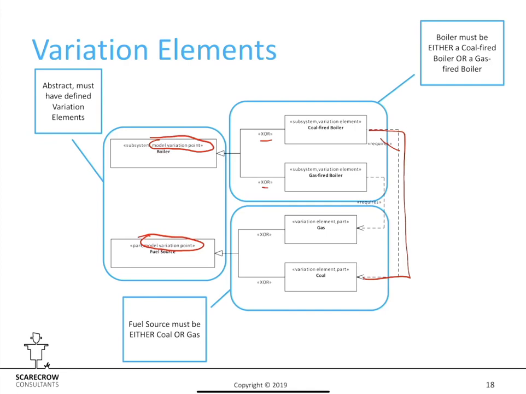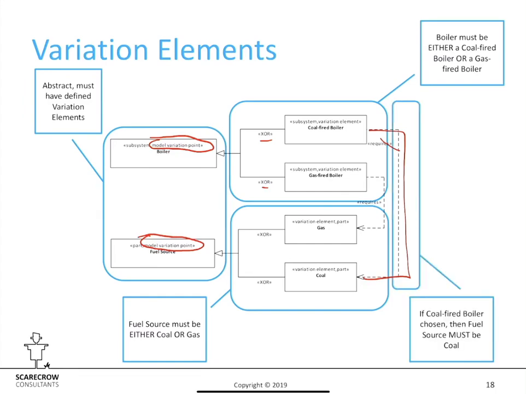We also have an exclude relationship as well that says if you pick this one, then you might have, I don't know, 5 different fuel sources that a particular kind of boiler can use, but there might be a 6th one that it can't use. So rather than it requiring one of the 5, you can do it the other way around and say, it can be any fuel source excluding this one. So we have an excludes concept as well. So the variation elements say what different variants we're going to have, and they can be related together.